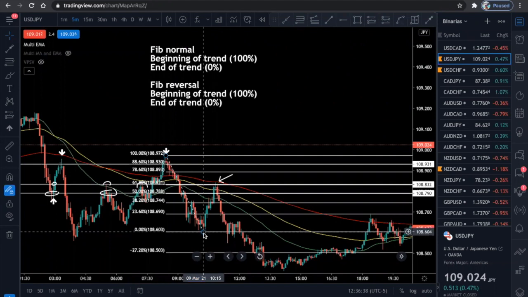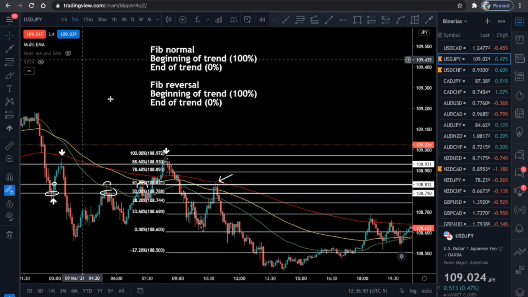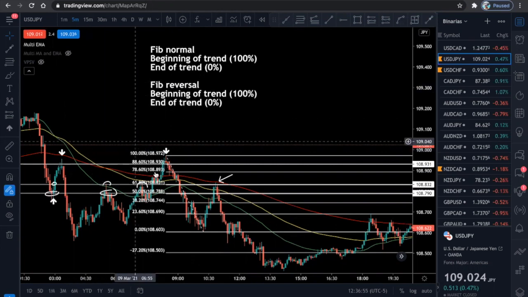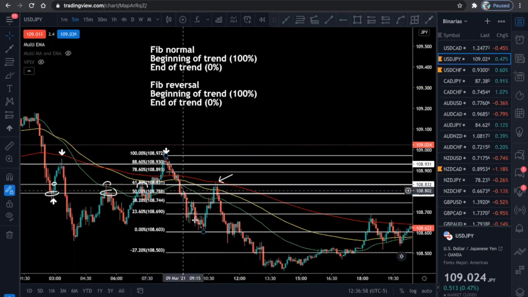I want to go from 0 at the end of the trend to 100% at the beginning of the trend. You see? If my Fibonacci would have been the normal one, the one TradingView gives me, I need to draw it in order to see my 100% at the beginning and the 0% at the end, because it's a retracement. The longer the retracement is, the higher the percentage. Okay? So have this in mind. Depending on your Fibonacci setup, you're gonna have a different way how to draw it.